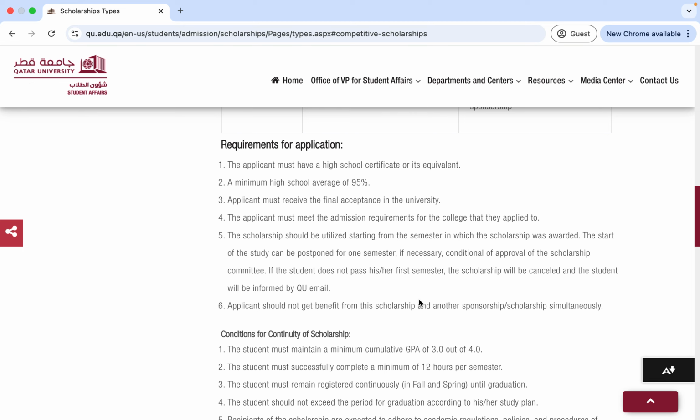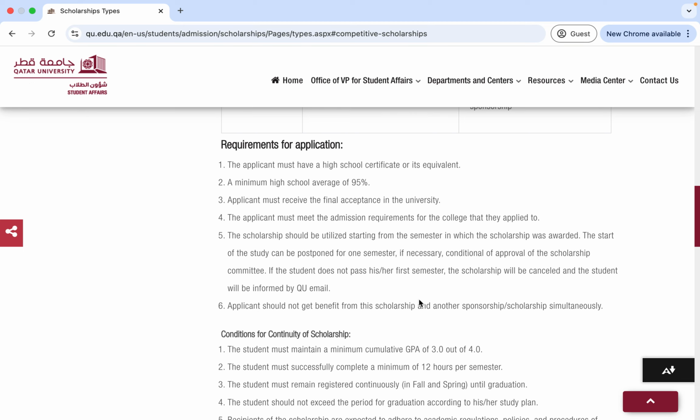So meaning that you are expected to start this scholarship from the semester it is originally intended for, which is, if you are applying for, let's say, the 2025-2026 academic session, it starts from the first semester, right?